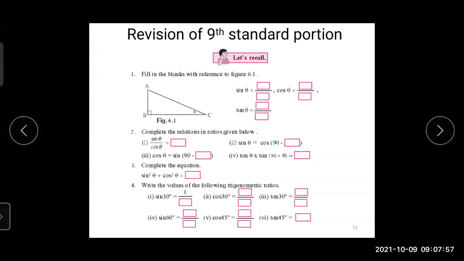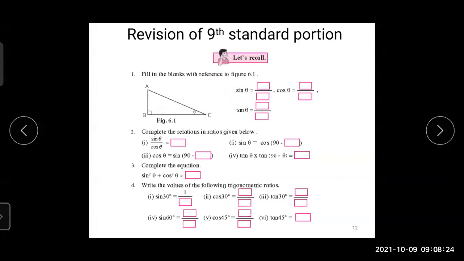Fill in the blanks with reference to figure 6.1. Here triangle ABC is given. You have to write the sine theta. Theta is angle C. On the basis of this figure, you have to tell me what will be the sine theta ratio.